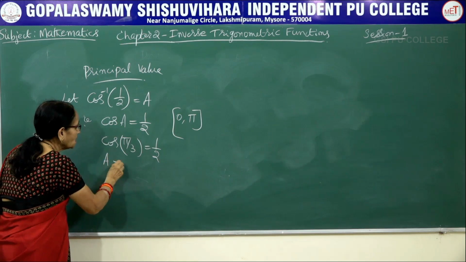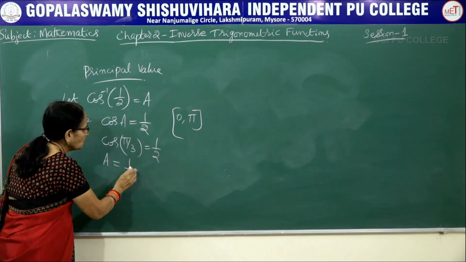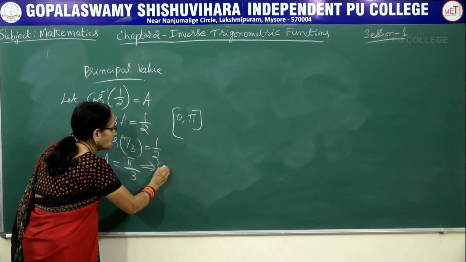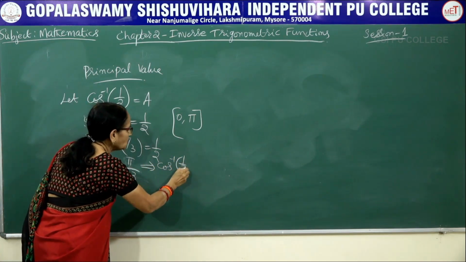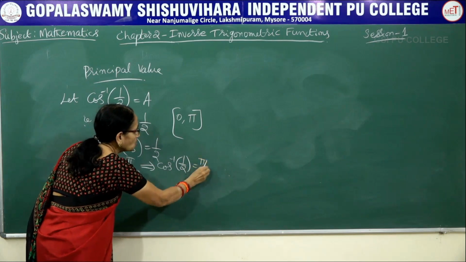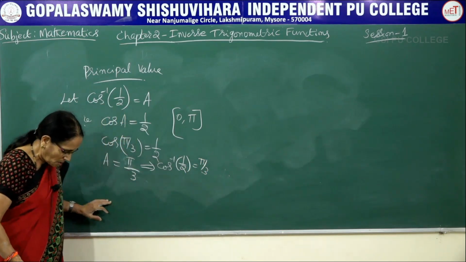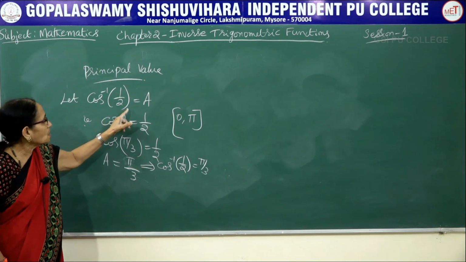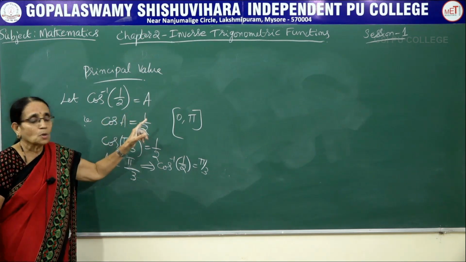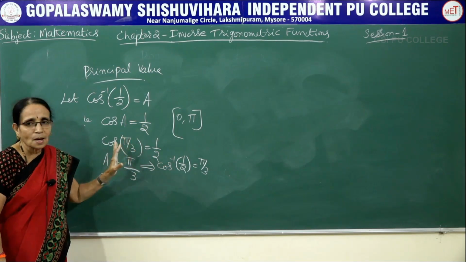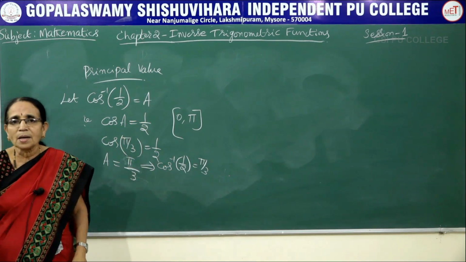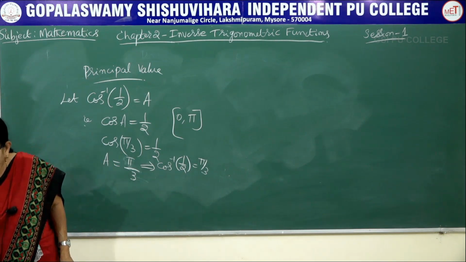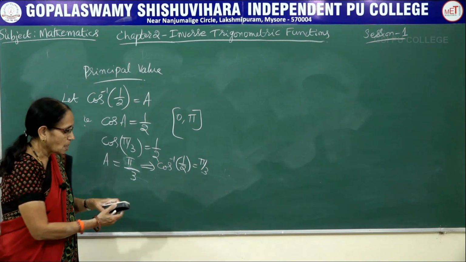Therefore, I can write A would be equal to pi by 3. But what is A here? It is cos inverse of half is equal to pi by 3. Therefore, the principal value of this inverse trigonometric function cos inverse half is equal to pi by 3. So, this is the principal value. It should lie in the principal value branch of that one. Now, let me take another example.